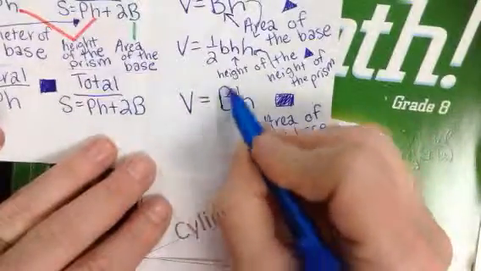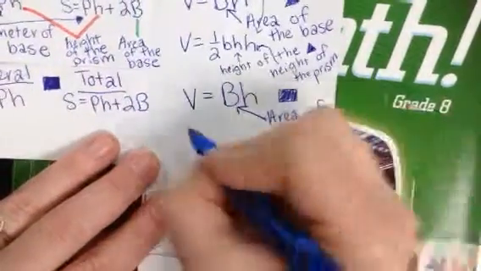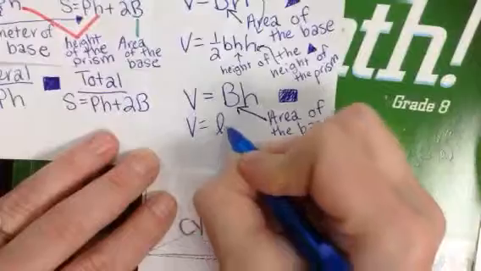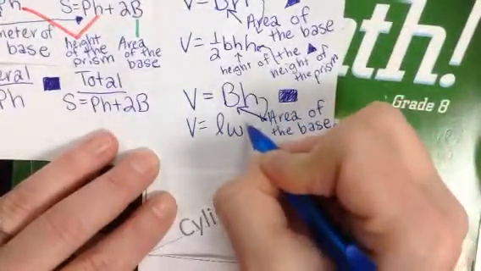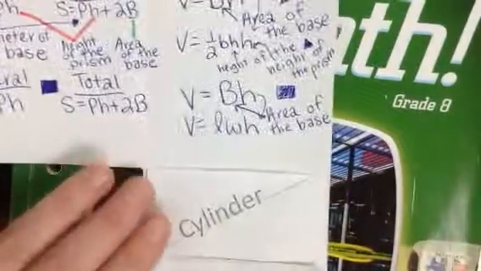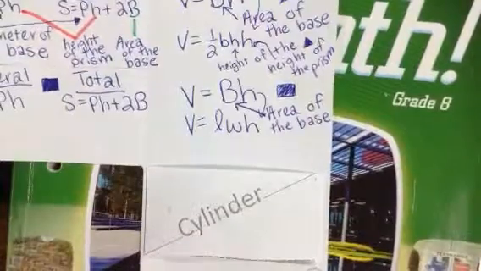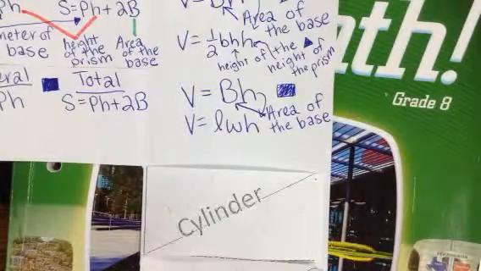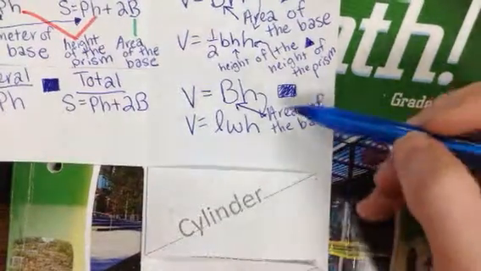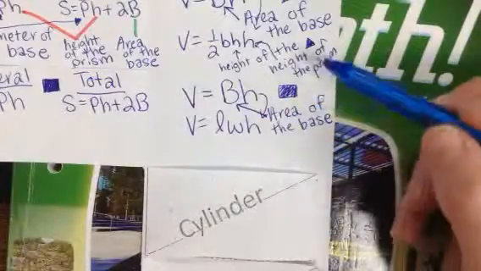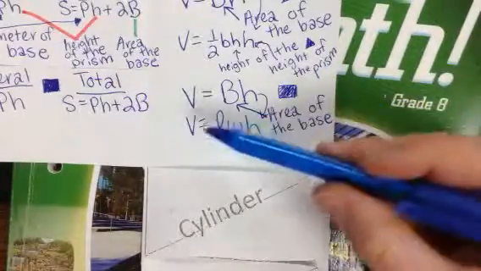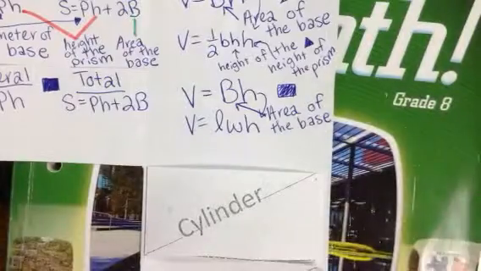So to get the area of this base, you revise it to length times width, then you just bring down that h. So if they ask you to get the volume of a rectangular prism on your STAR test, that should be the one that you get right, because you're just going to take the length, the width, and the height and just multiply them all together.